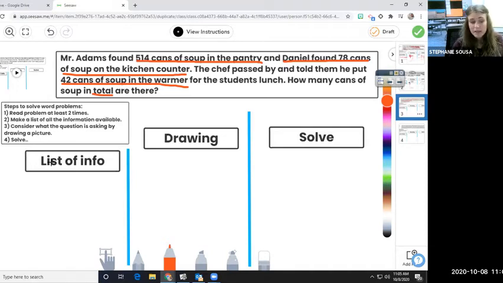So now I need to make a list of this information now that I understand it. Make a list of all the information available. So there are 514 cans, and I'm going to just put pantry because my brain knows that cans, pantry means there's cans in the pantry. So you're making your list of information right now as well, guys. 78 cans are on the kitchen counter.